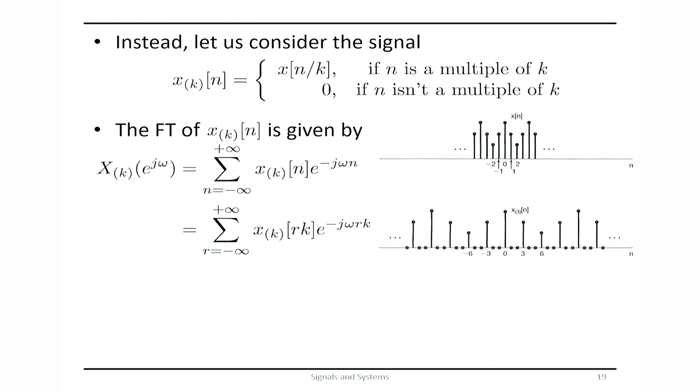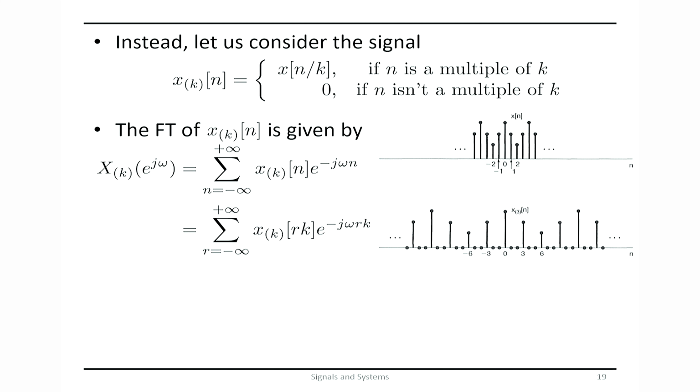So instead, in discrete time, we can look at something like this. Using the signal x[n], we can construct a signal we call x_k[n], which is defined as x[n/k] if n is a multiple of k, and 0 otherwise. What this does is basically expanding the discrete time signal by k times, and then inserting 0 in between.